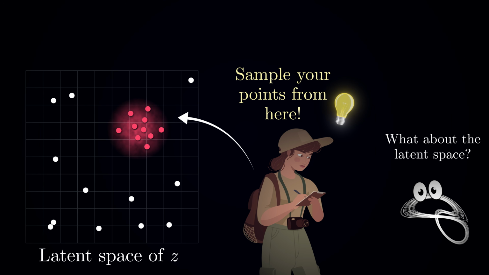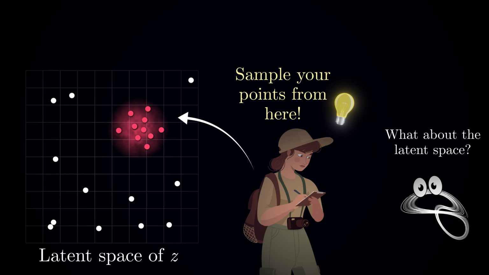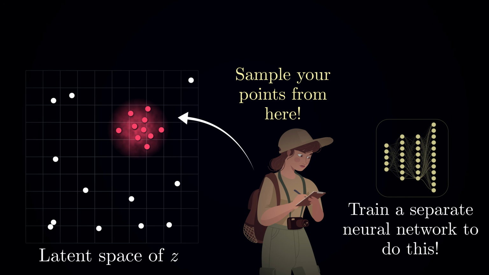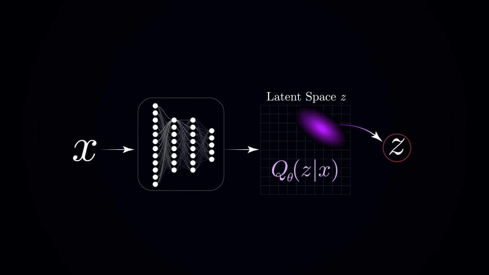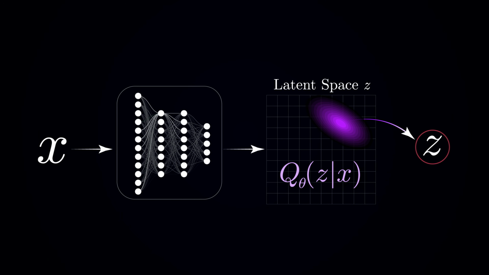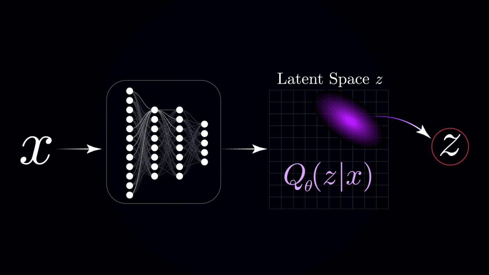The key insight of variational inference is precisely this. Instead of blindly sampling from the entire latent space, we train a separate neural network to serve as our guide. This network learns to predict which regions in the latent space are likely to have generated each specific data point.